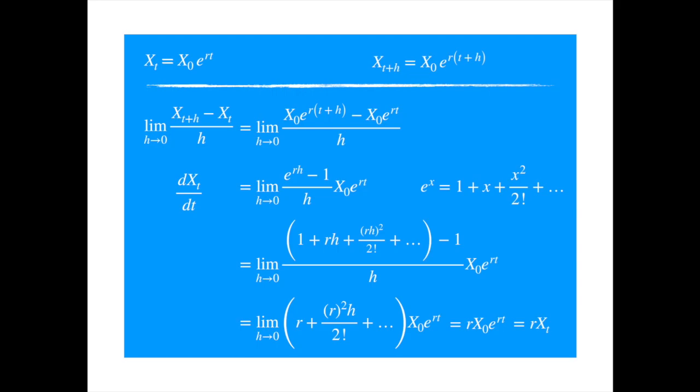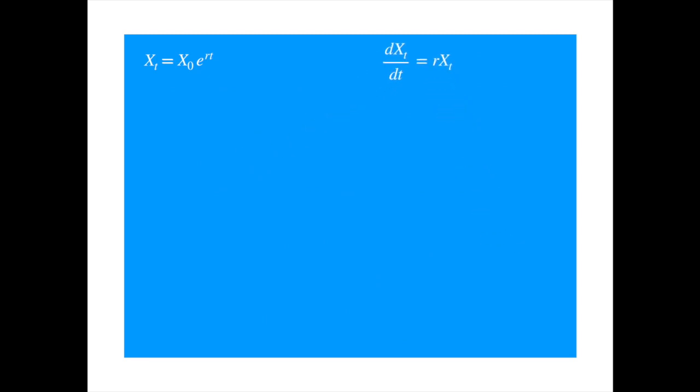And if you like life in the fast lane and don't have time for first principles, then you can get this differential equation by just applying the derivative rules that you would have been forced to memorize at some point. So you can take the derivative with respect to t, where we took the x0 term that doesn't depend on t out of the derivative.